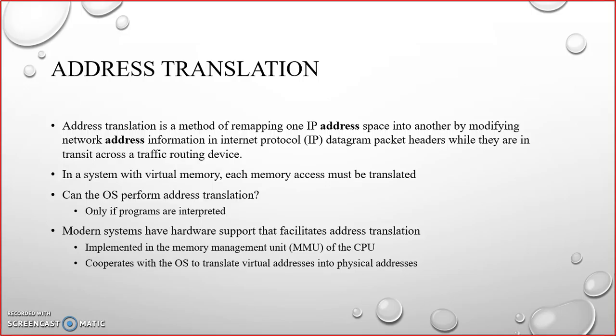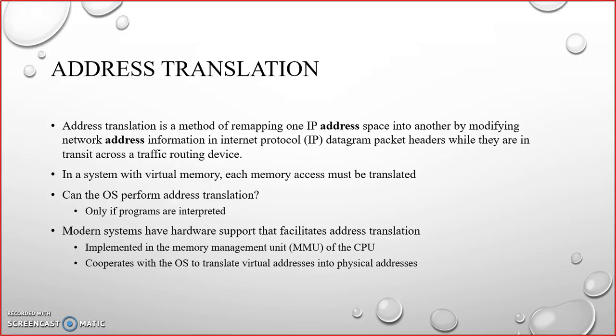Under address translation, this is a method of remapping one IP address space into another by modifying the network address information in the Internet Protocol datagram packet headers while they are in transit across a traffic routing device. In a system with virtual memory, each memory access must be translated.